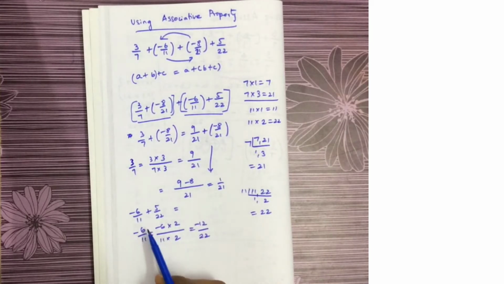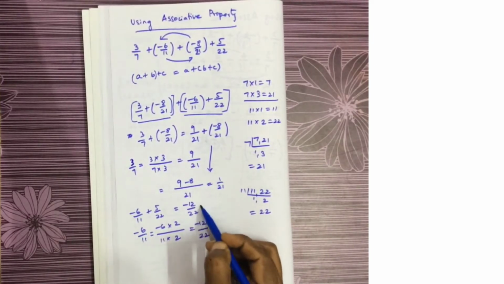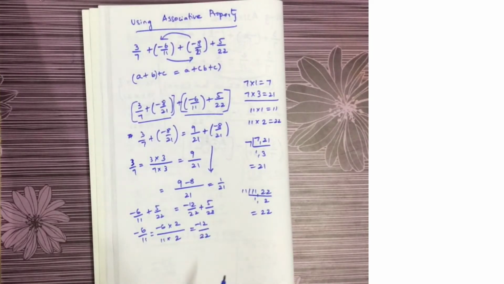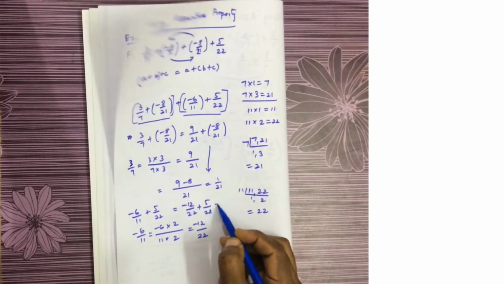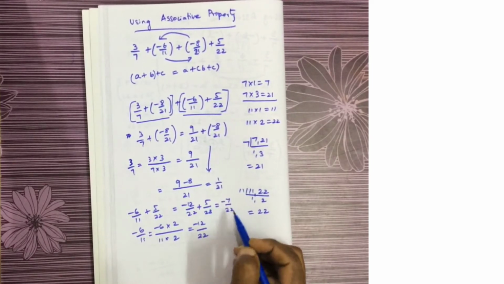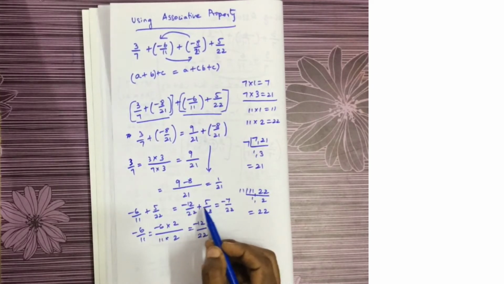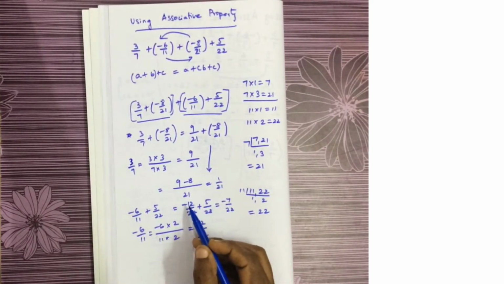So instead of minus 6 by 11, you can substitute minus 12 by 22 plus 5 by 22, which gives minus 7 by 22. 12 minus 5, when signs are different, you have to do subtraction. 12 minus 5 is 7 and the greater number has the minus sign.